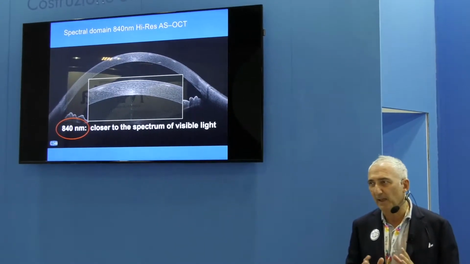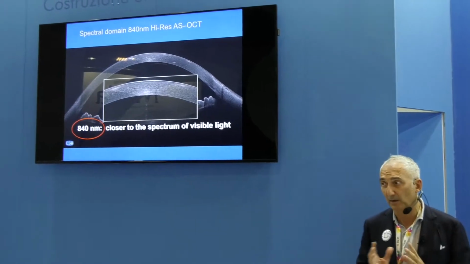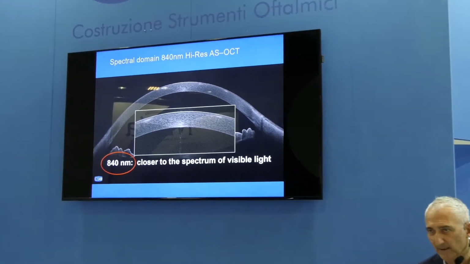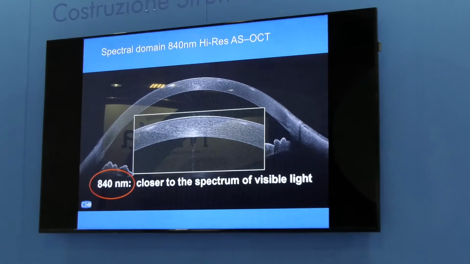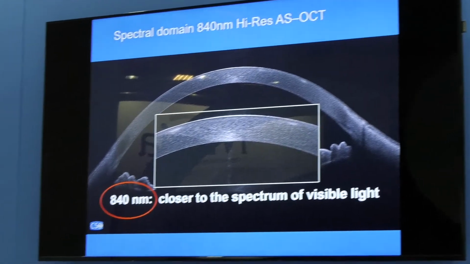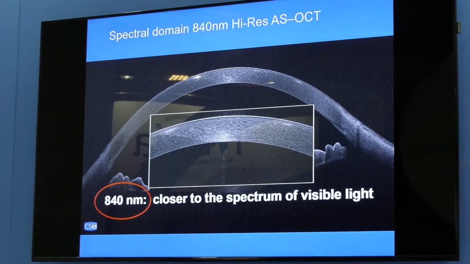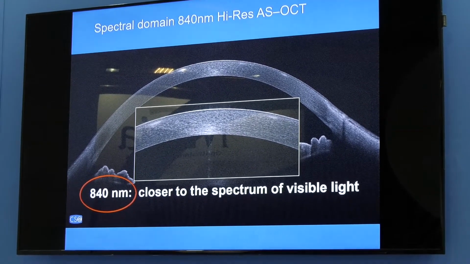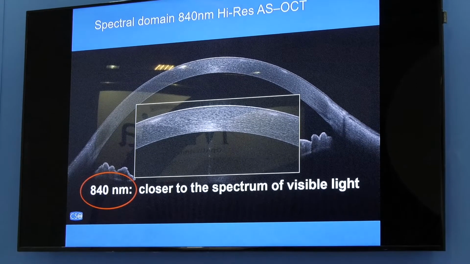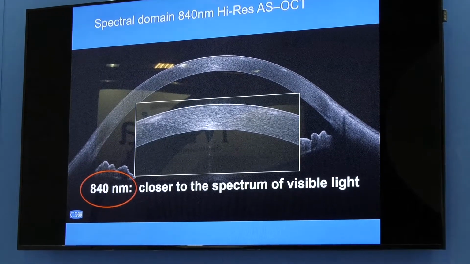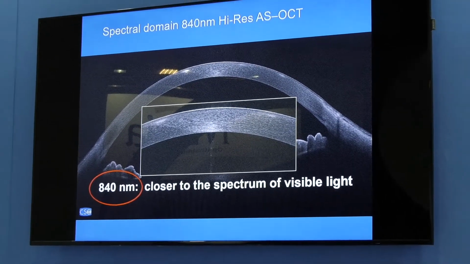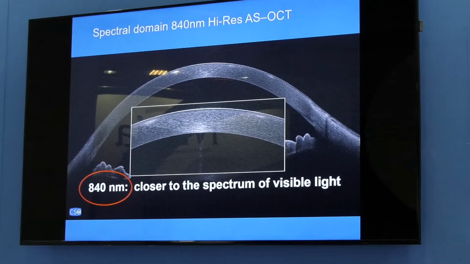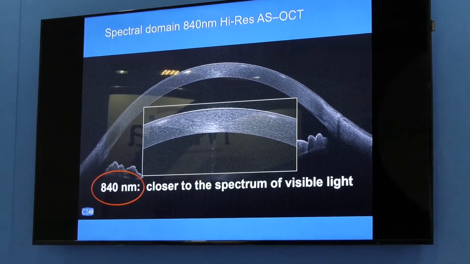Technically speaking, it's not optical density. However, the wavelength span of visible light goes from 400 to close to 800 nanometers, and this is very close to that range, while 1300 is 500 nanometers away.